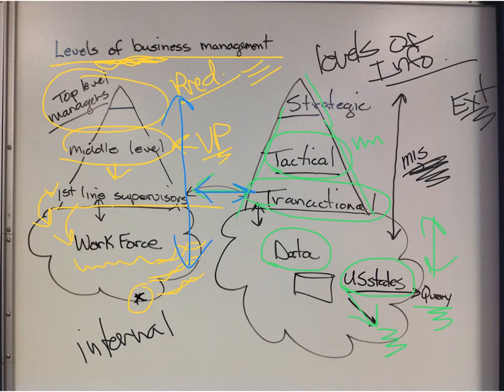We sort the information into an even smaller amount up here for the top level management to make strategic decisions, like what are we going to do in the next year, 2 years, 3 years, and so forth. And the movement of this is an information system, or sometimes referred to as a management information system.